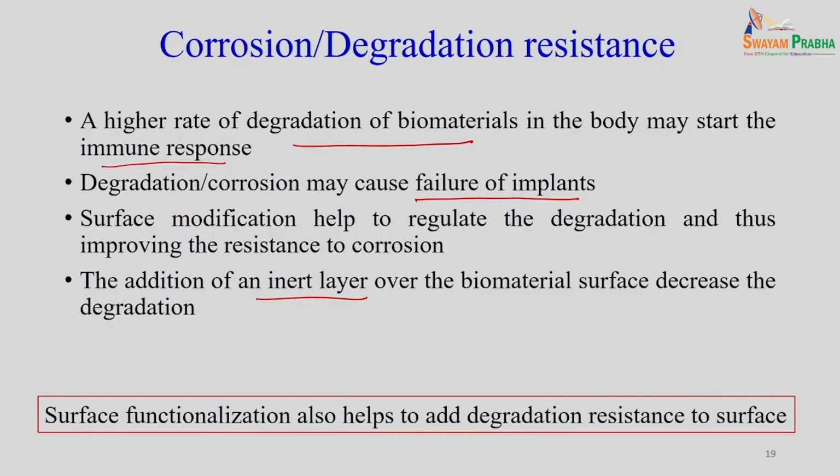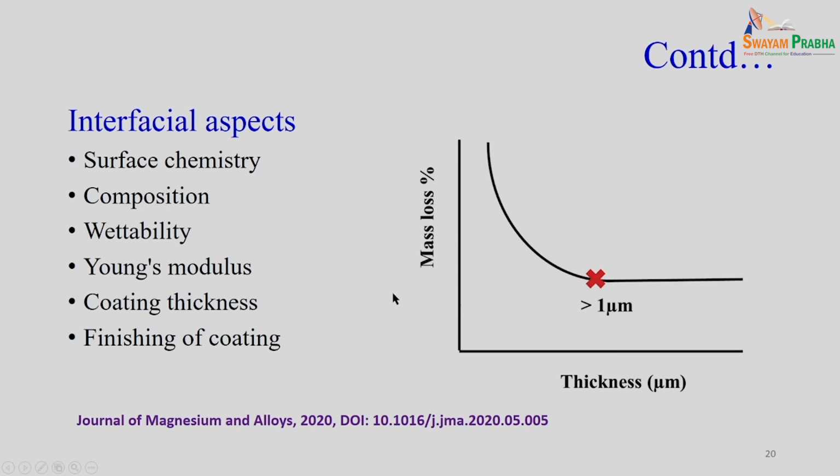So, here with surface functionalization we are aiming to add the degradation or corrosion resistance. So, a different way is to tune the surface chemistry, what is the composition of the biomaterials.